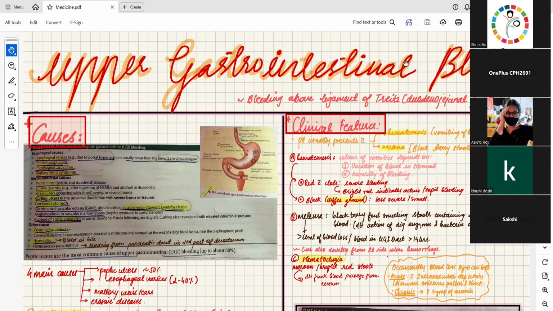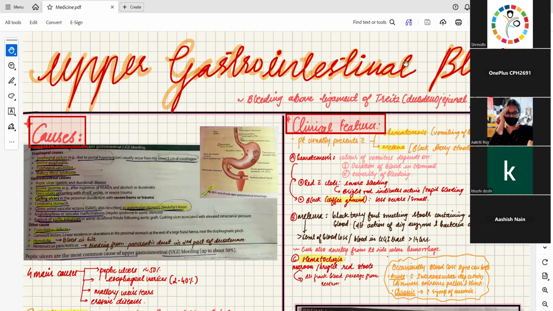Now there are various causes for upper GI bleed, but today we are going to focus on three main types: esophageal causes, gastroduodenal causes, and miscellaneous causes. In esophageal causes, there are many, but the important one is esophageal varices.